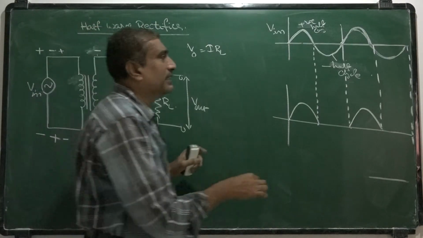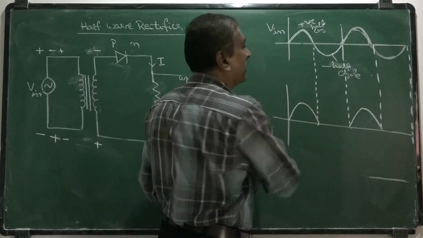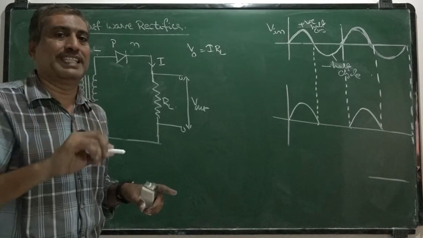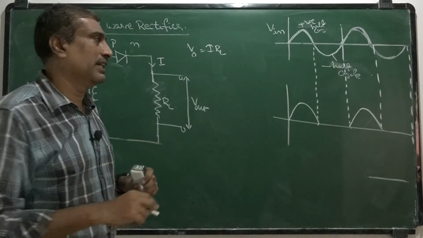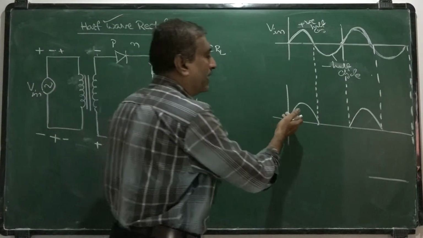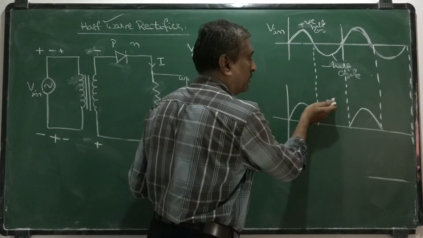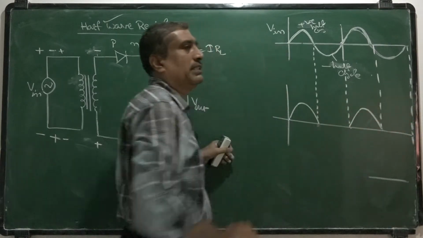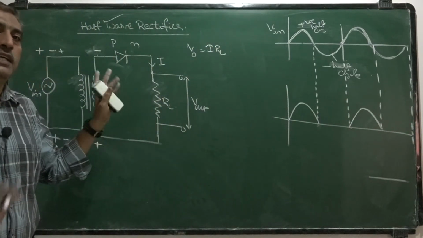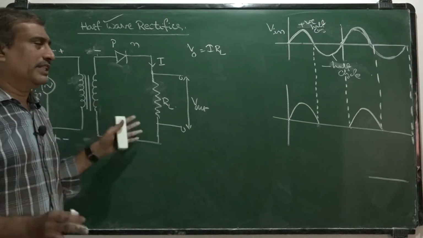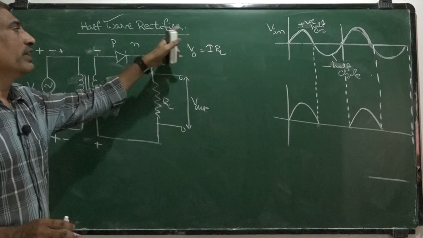As this particular rectifier rectifies only one half cycle of a complete cycle, it is called a half wave rectifier, because it is not rectifying the full wave. During the negative half cycles, this diode is not conducting or rectifying. That's why it is called a half wave rectifier.